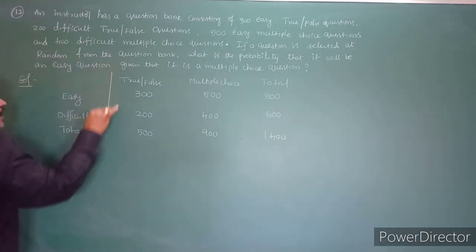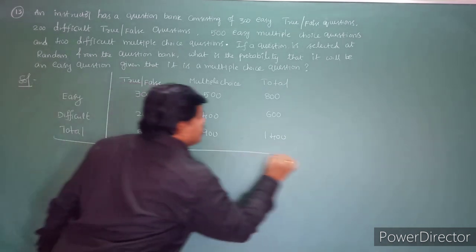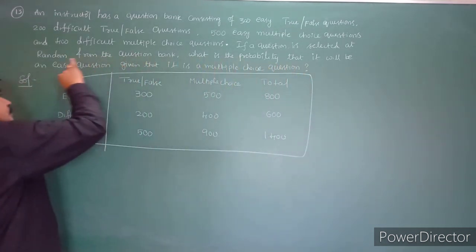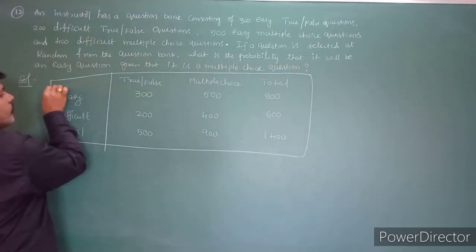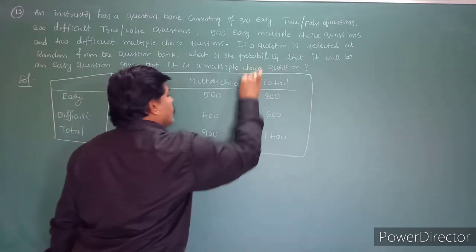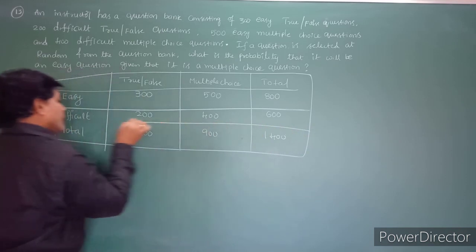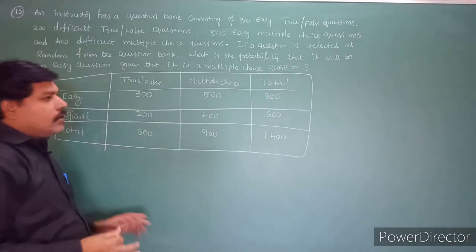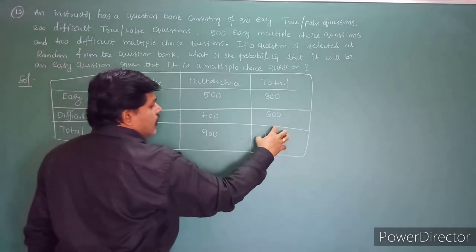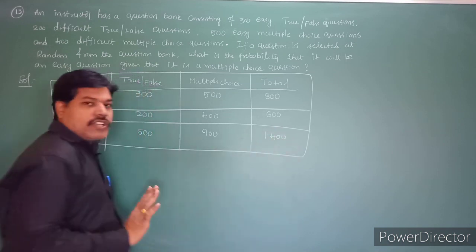So this is the given condition. The total number of questions in the book is 1400. Okay.